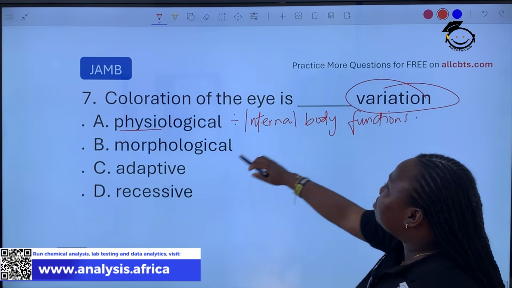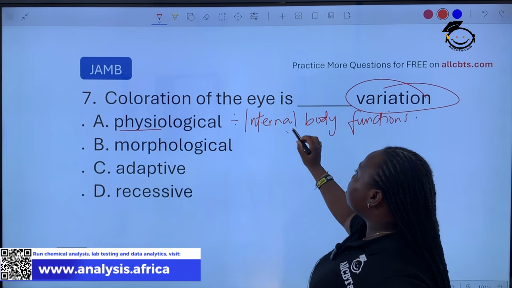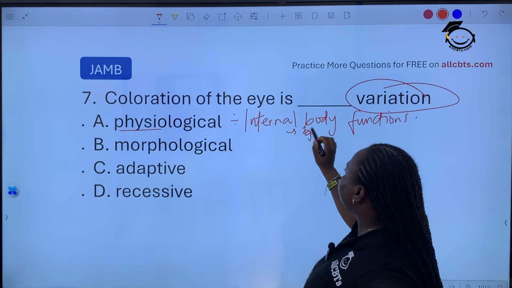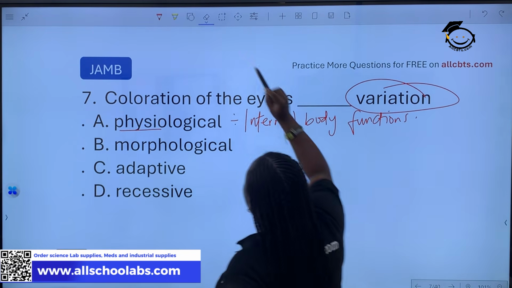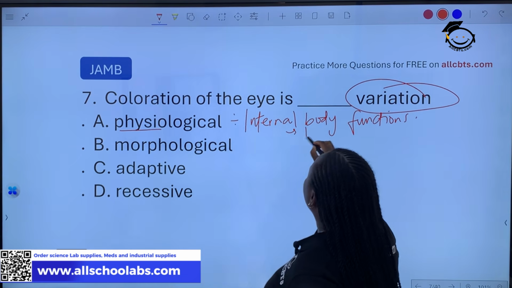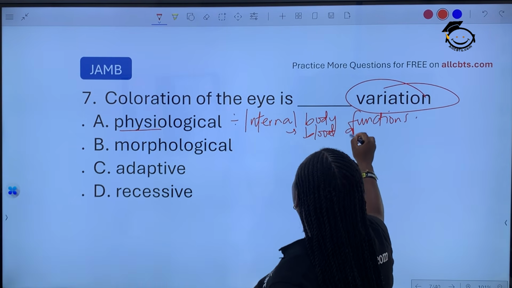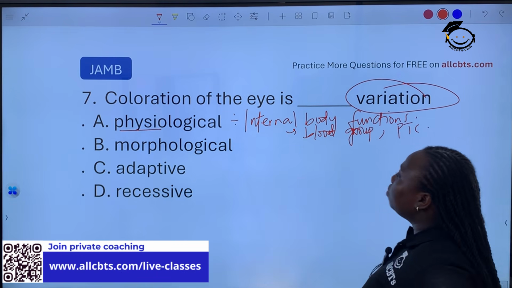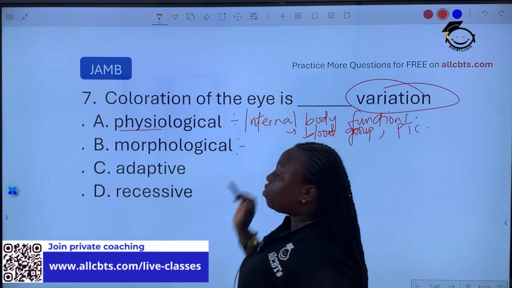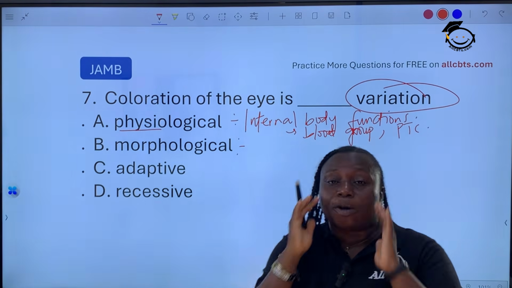Now, some types of this physiological variation are blood group and PTC testing.